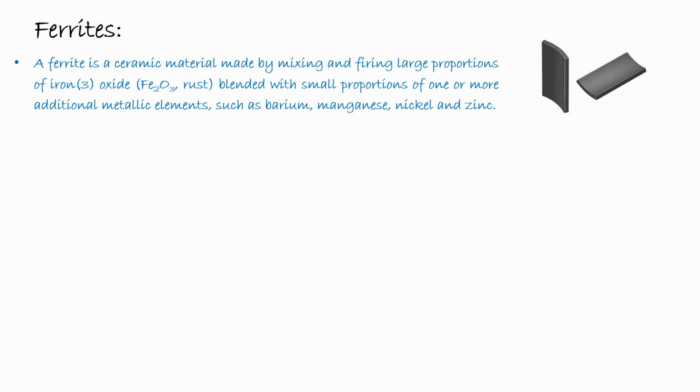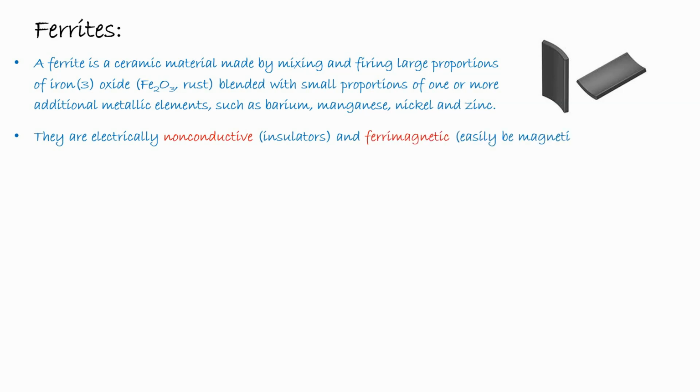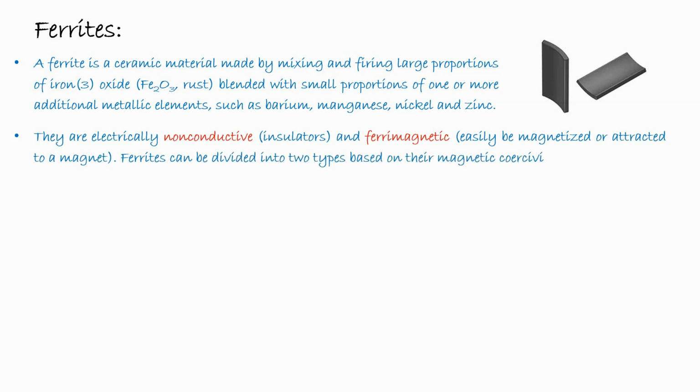So it is black in color, and this material is basically used to develop small transformers and small machines. They are electrically non-conductive, that means they behave like insulators, and they are ferrimagnetic, that means they can be easily magnetized or attracted to a magnet.